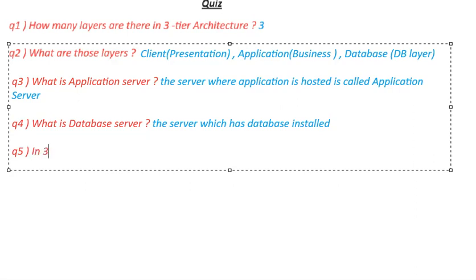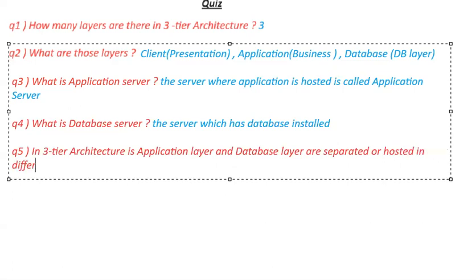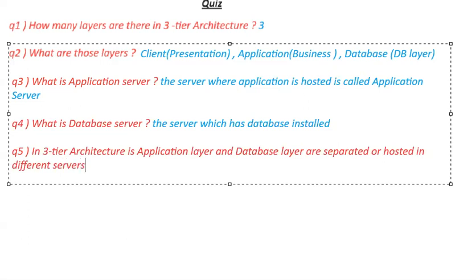In three-tier architecture, are the application layer and database layer separated, or you can say, hosted in different servers? Yes. I hope you answered correctly.